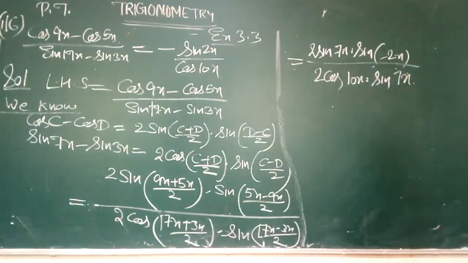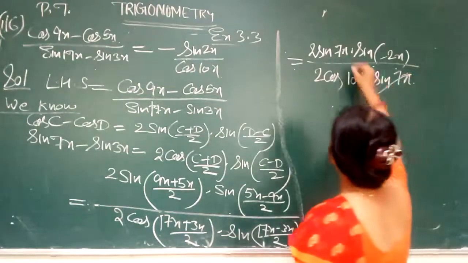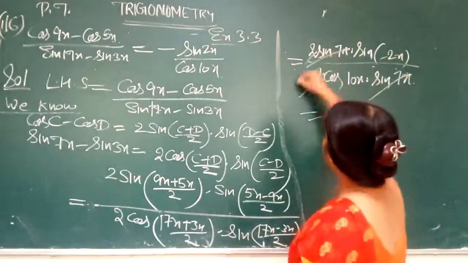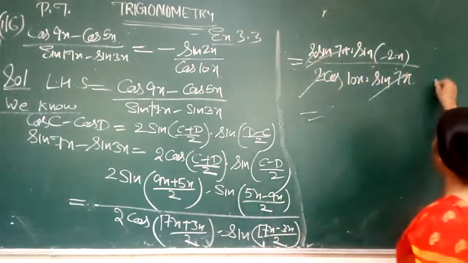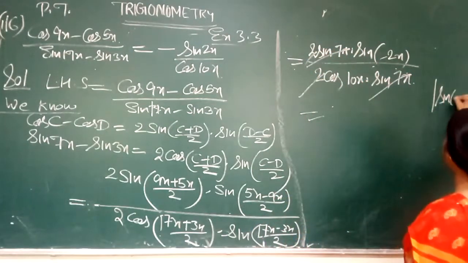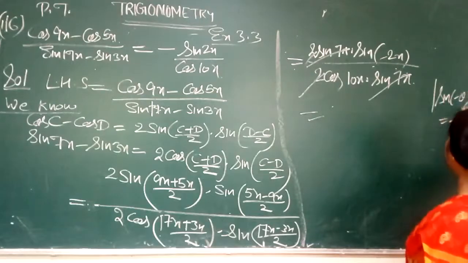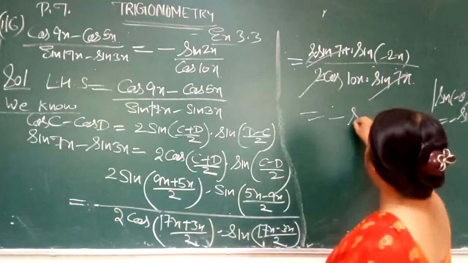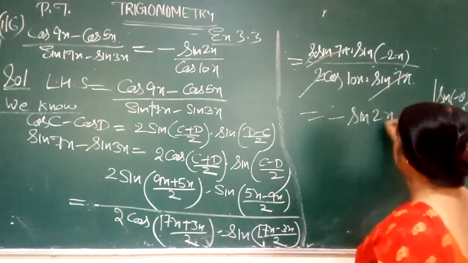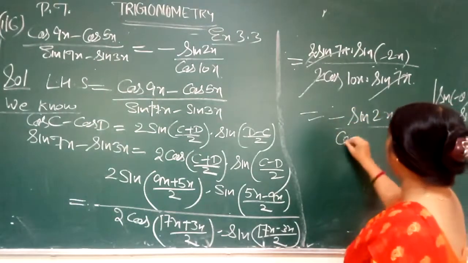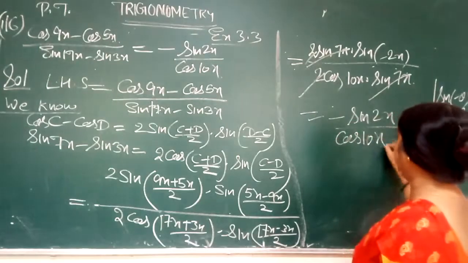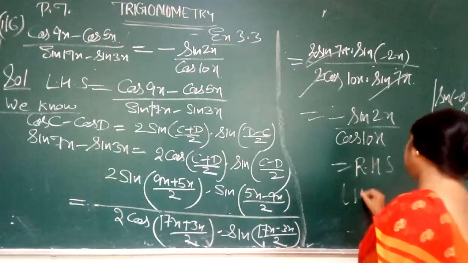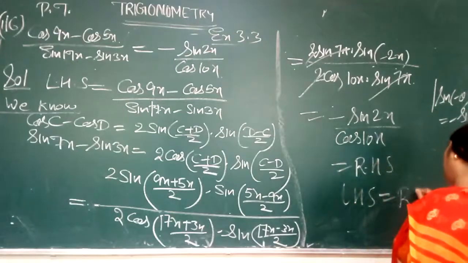After that you can check, sin 7x and sin 7x are cancelled, 2 is also cancelled, and what is the value of sin of minus theta? It will come minus sin theta. Therefore it is coming here minus sin 2x upon cos 10x, and that is the right-hand side. Hence proved, LHS is equal to RHS.